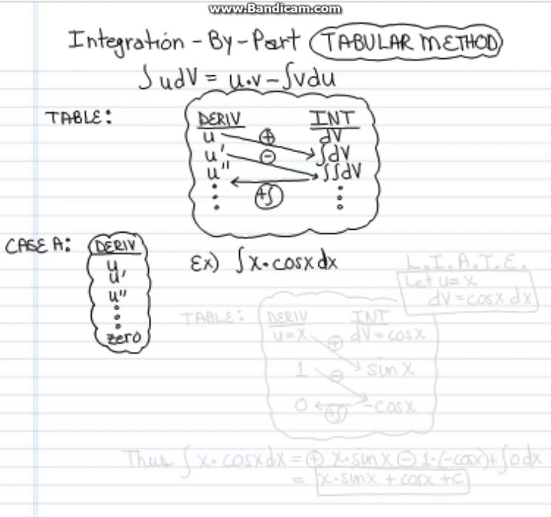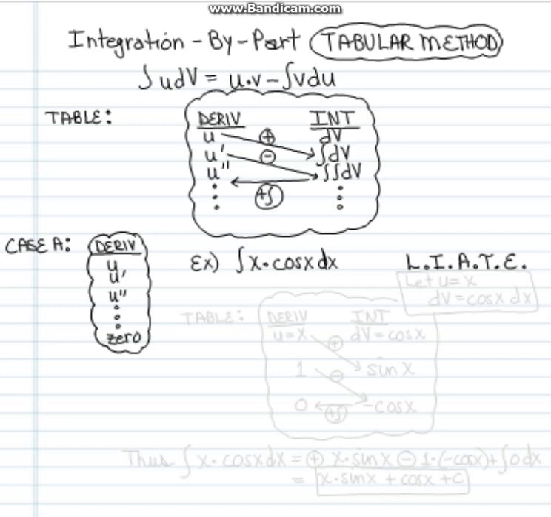We're going to integrate by parts. You're going to use the LIATE method for choosing u and dv.